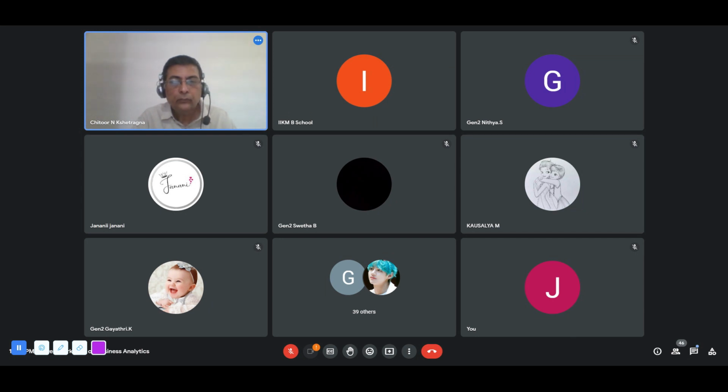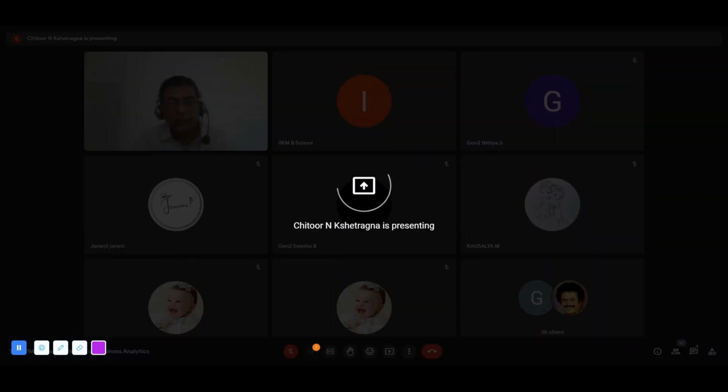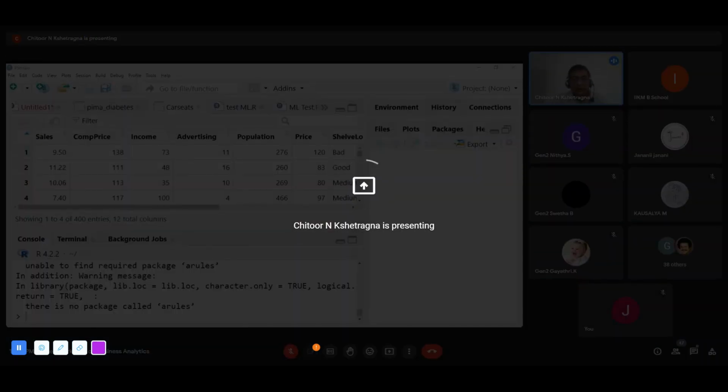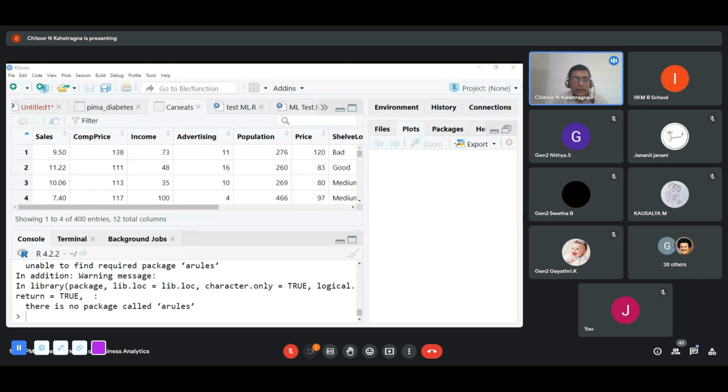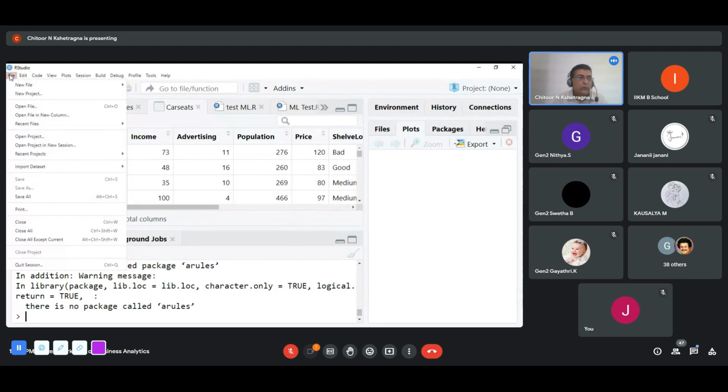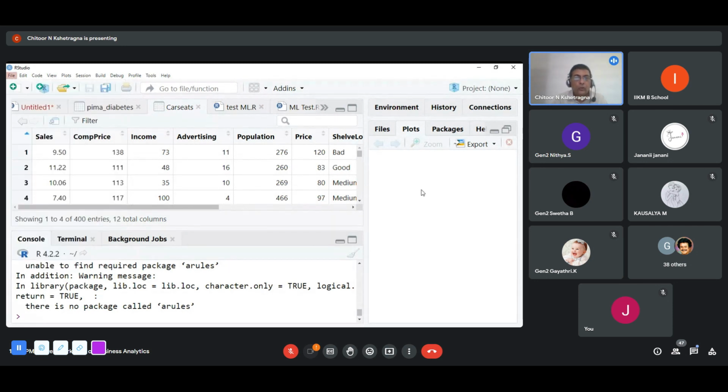Yeah. So what you find now is called the R Studio. Right? Let me give you a small demonstration. This is how the R Studio will look like. And so what I'll do is I'll just clean up all the earlier work, what I did. I can remove all this.